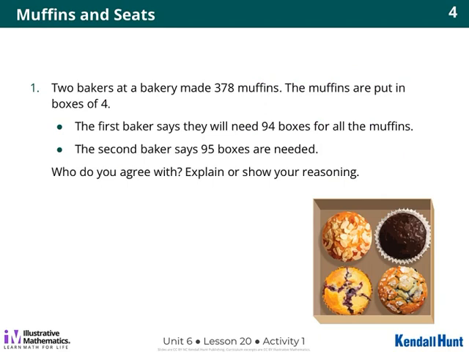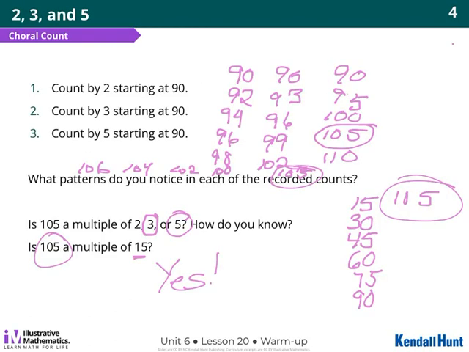Keep your books shut. You ready? Yeah, I had a comment. Okay. An easy way to know if it's a multiple of 105 is, 5 times 3 equals 15, and 5 and 3 are both factors of 105.